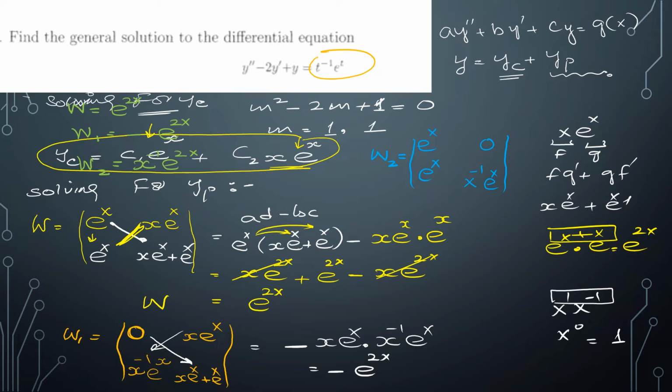Now AD minus BC, so our AD will be e to the power x times x to the power negative 1 e to the power x, minus 0, because anything multiplied by 0 is 0. So in the end, I will get e to the power 2x x to the power of negative 1 as Wronskian number 2.